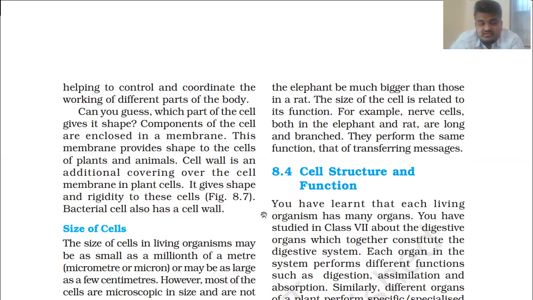Cell wall is an additional covering over the cell membrane in plant cells. It gives shape and rigidity to these cells. Bacterial cell also has a cell wall.